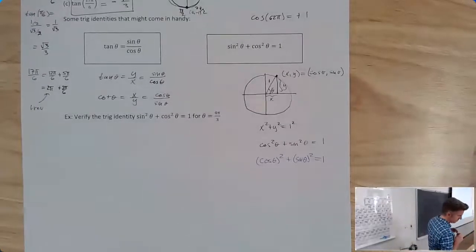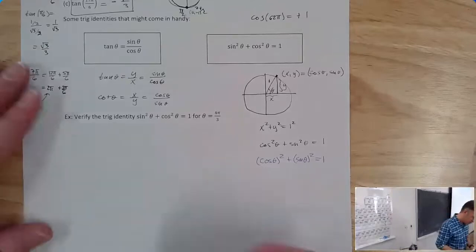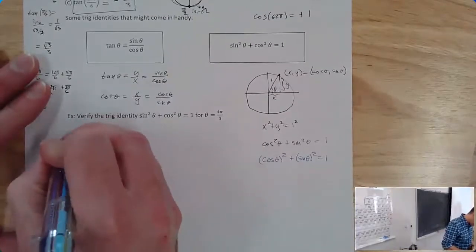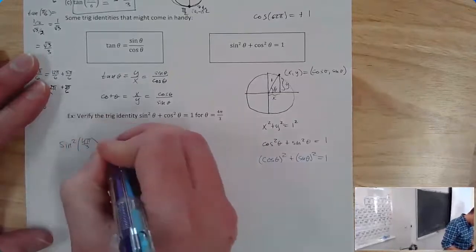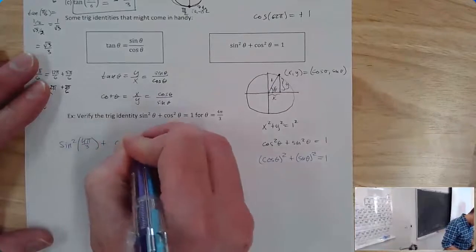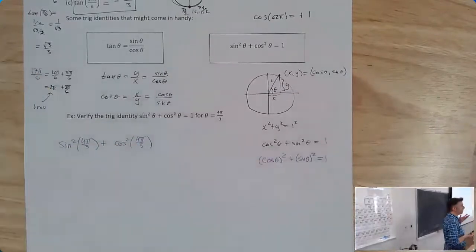Okay. So let's verify this trig identity, because even though it looks like it should be true, and it is true, it's still good to see that it's true for a particular value. So let's go ahead and plug in 4 pi over 3 and see what we get. So I'm going to find sine squared of 4 pi over 3 plus cosine squared of 4 pi over 3. And I'm not going to say it's equal to 1, even though I know it's going to be eventually.